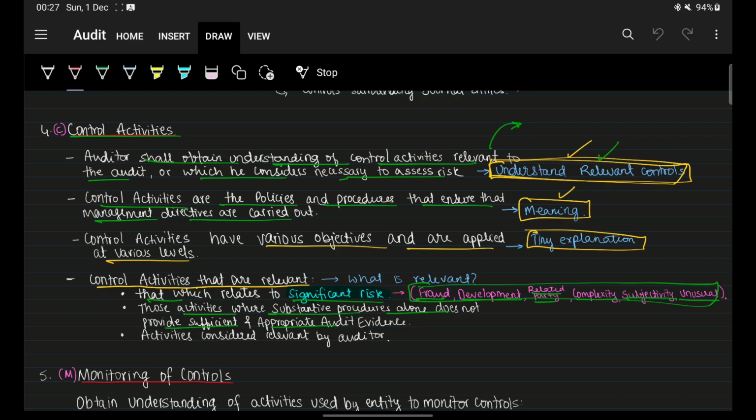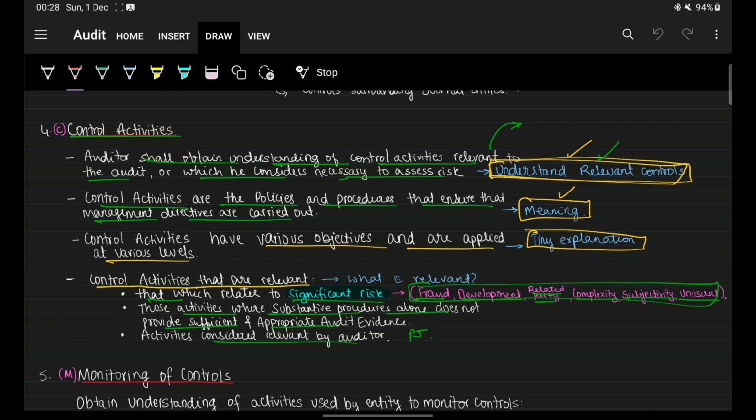If you're not able to get sufficient evidence by applying your own procedures, then you can also rely on the internal control. Next, activities that are considered relevant by the auditor. Fairly simple. If the auditor considers it relevant, then it's his choice. This is basically a professional judgment. Fairly simple. We just go through it once.